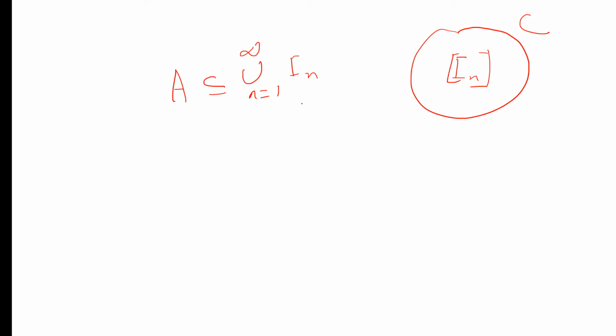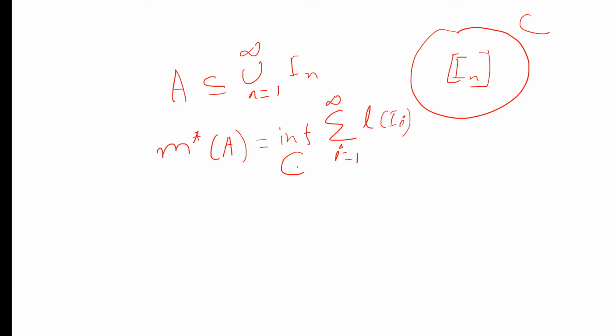Then we take the infimum like that. So outer measure of a set A is defined equal to the infimum over the collection of covers C of the summation, i running from 1 to infinity, of the length of interval Ii. So that is all about the definition.